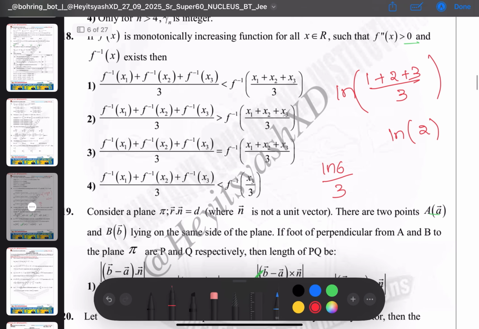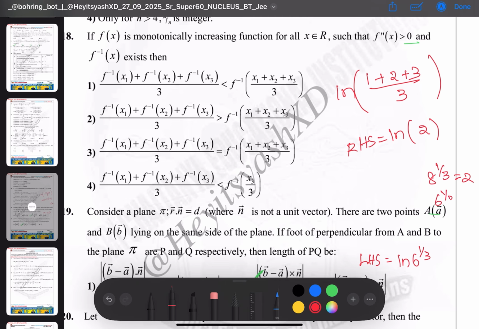Alright, which one is greater? ln2 is greater or ln6 is greater? So this can be written as 1 by 3 ln6, which can be written as ln of 6 to the power 1 by 3. So LHS is ln of 6 to the power 1 by 3, and RHS is this. 8 to the power 1 by 3 is 2.